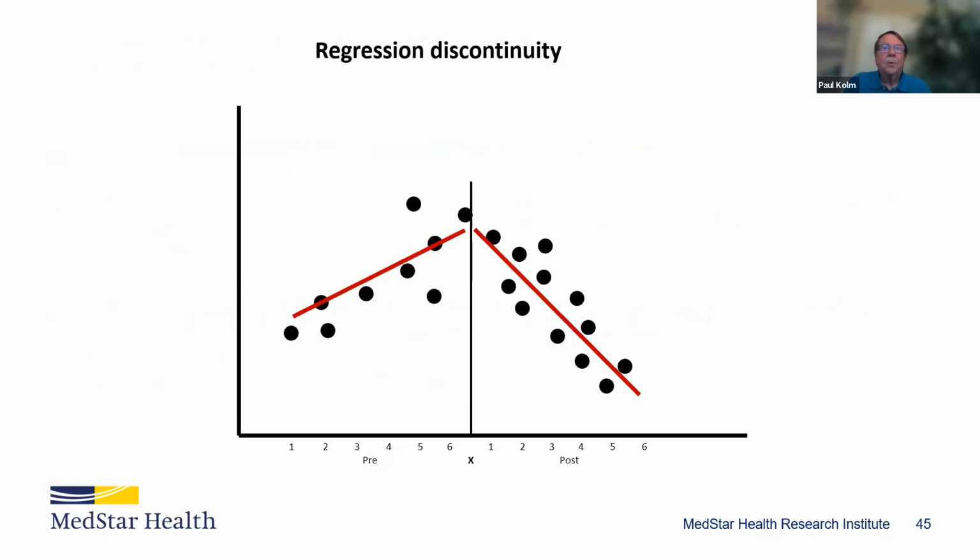This is what a regression discontinuity would look like, where our intervention is represented by X, and then we have a linear regression model pre, and then another one post. We can see that they'd obviously be different here because they have differing slopes.